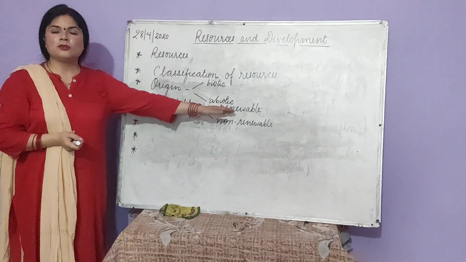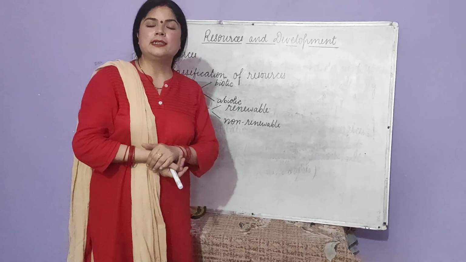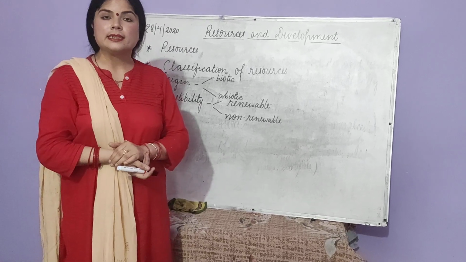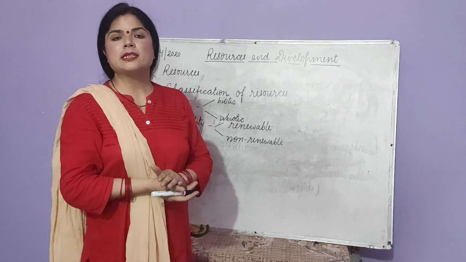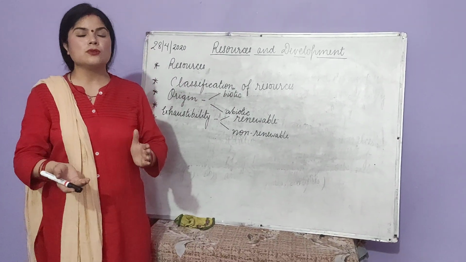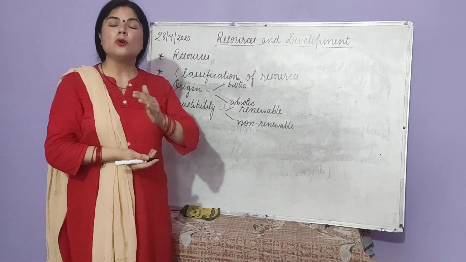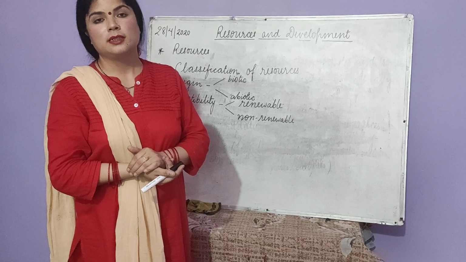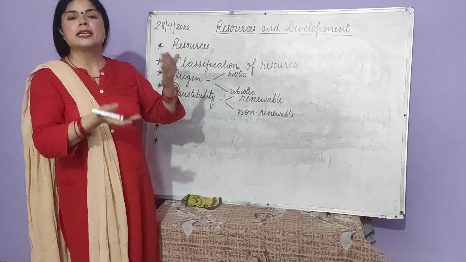Renewable resources are those resources which are present in our environment and we use them continuously. But there is no negative impact on the quantity of these resources. Very easily, the quantity of these resources can be recovered.